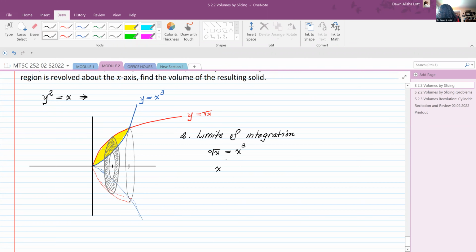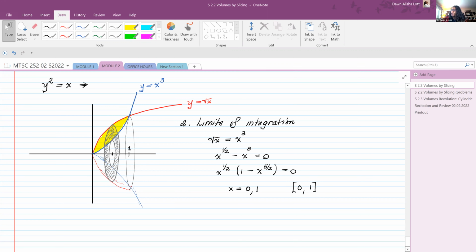So you get x to the 1/2 minus x cubed is equal to 0. Factor out x to the 1/2. That leaves 1 minus x to the 5/2 is equal to 0. So x is 0 and 1. So this value of x right here is just 1. Okay, so I know my limits of integration. x goes from 0 to 1.